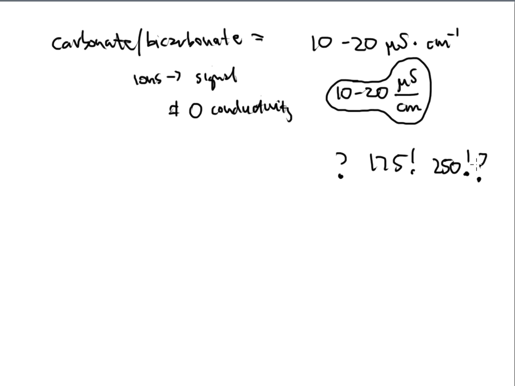That mobile phase has been prepared incorrectly, and there's no sense in going any further with your IC analysis until you lower that conductivity value down. It has to go down. So do not waste your time running samples on conductivity that's reading 170 or 180 or 200 microsiemens. It's not going to work out for you on the anion side.